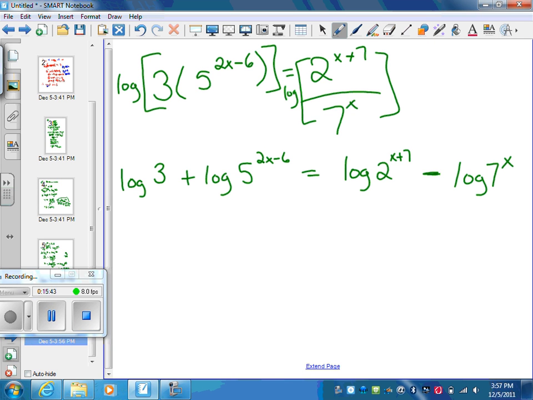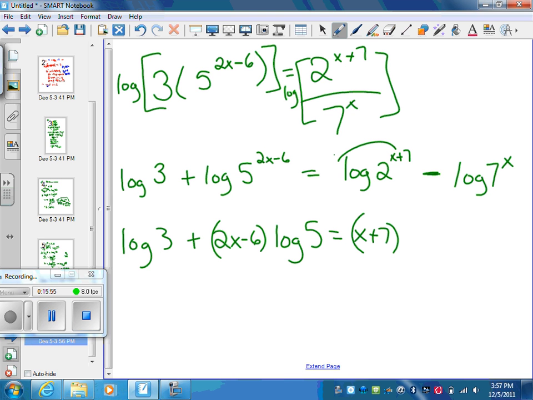Now I have some powers going on. Log 3 is going to stay the same here, plus 2x minus 6 times log 5 is equal to x plus 7. Bring that forward, log 2 minus x times log 7.